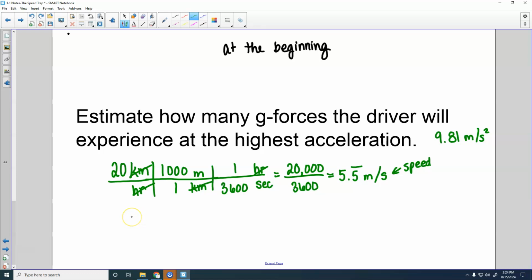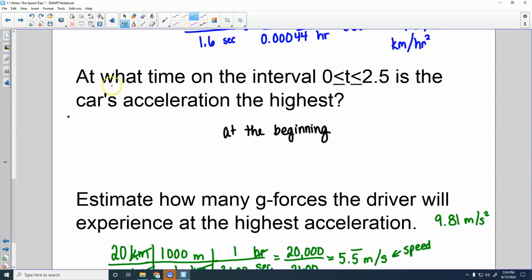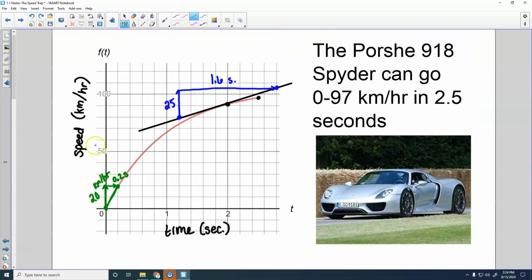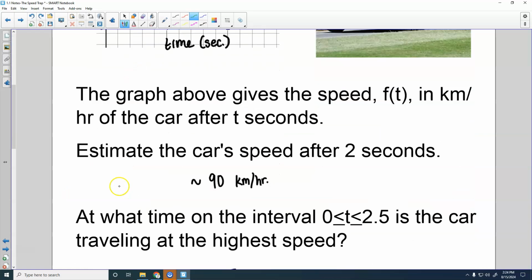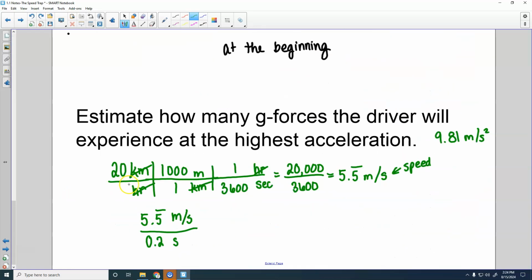So now if I want to find the slope, instead of using 20 kilometers per hour, I'm going to use 5.5 repeating meters per second, and I'm going to divide that by the 0.2 seconds that have gone by. So this was just a conversion, where 20 kilometers per hour is the same as 5.5 meters per second, and I've got the 0.2 seconds as my change in x.